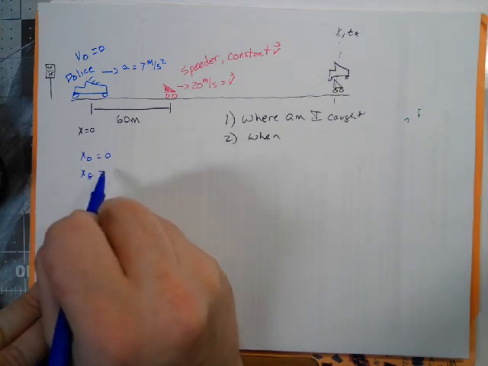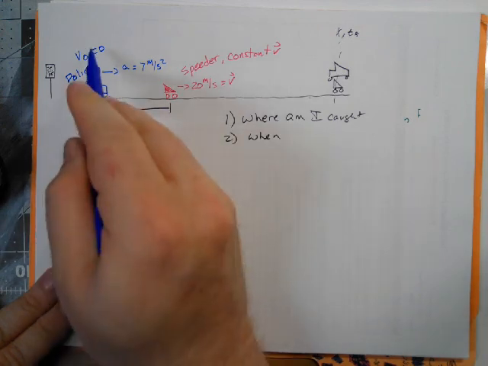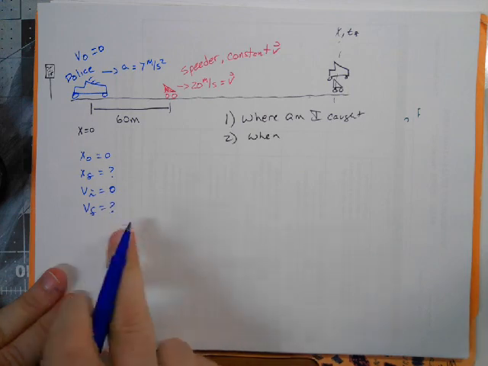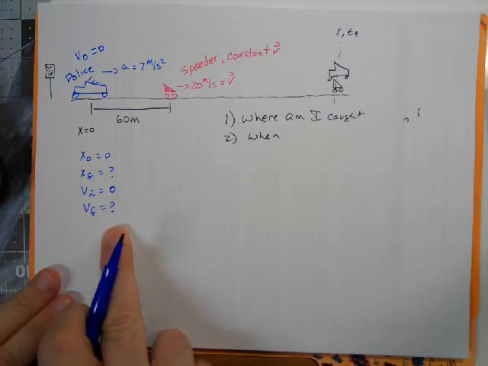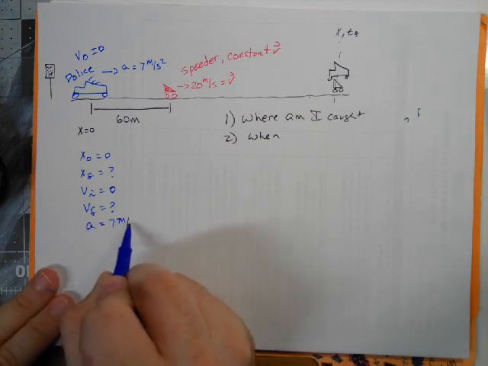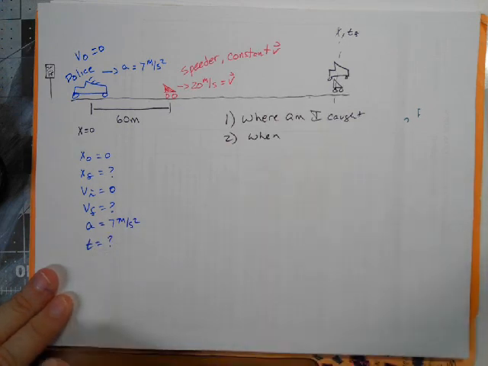X final is one of the things we want. V initial is 0 because he's at rest. V final, we would like to know that as well. How fast does a cop have to go to catch me? The acceleration we know is 7 meters per second squared. And the time, well, we don't know that. That's part of the questions.